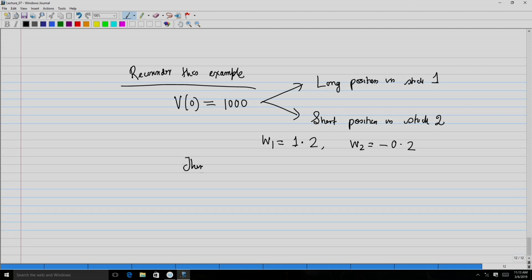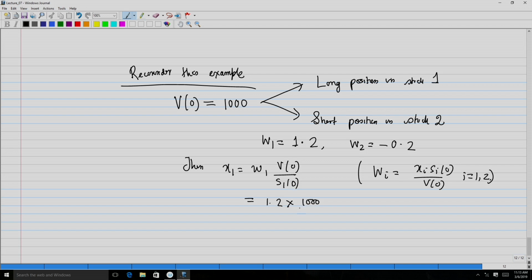Then x1 will be W1 V0 over S1 of 0. I am just rewriting the expression for the weights. Remember, it was Wi equal to xi Si0 over V0 for i equal to 1 and 2. So, what is this? This is going to be 1.2 into V0, which is 1000, and remember S0 was 30.